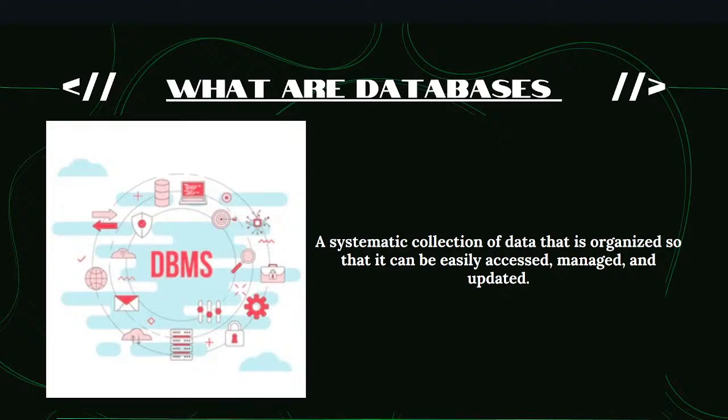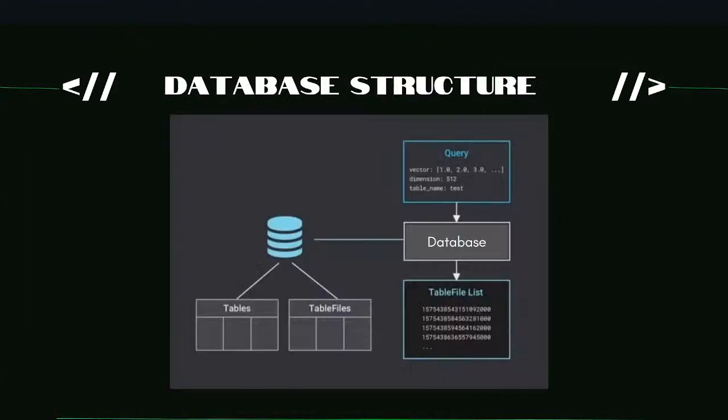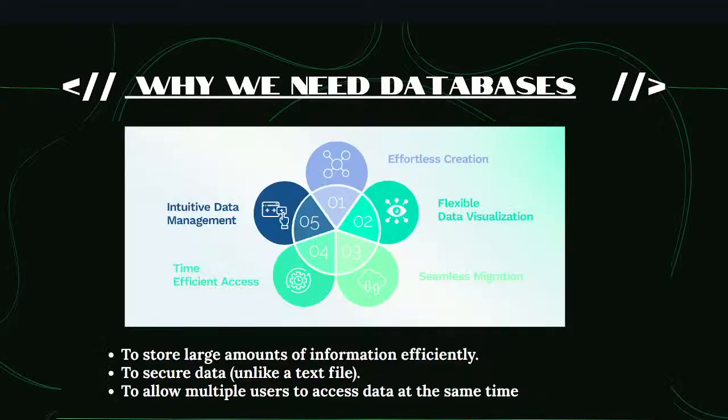That means we will have a table with different columns, like the student's name, the roll number, what marks they got for that subject, and stuff like that. That is the whole idea of a database. Now, moving on. We covered the part on why we need databases.